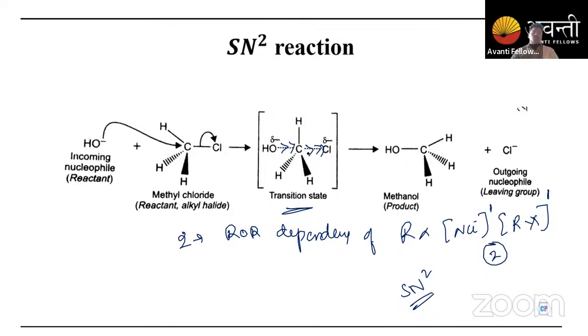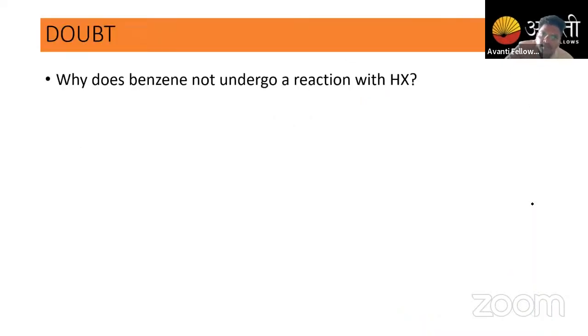Now, how does the nucleophile play an important role? Whenever it attacks, it will attack the carbon, and simultaneously chlorine will leave as a leaving group. We will see the products in the upcoming video, but for now just understand this. It is very clear that SN2 is a bimolecular reaction.